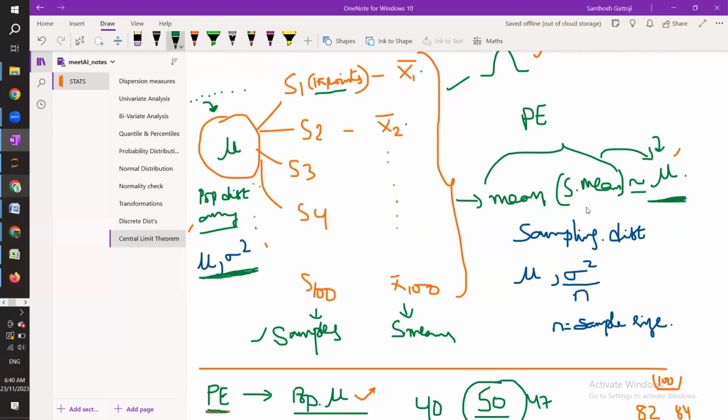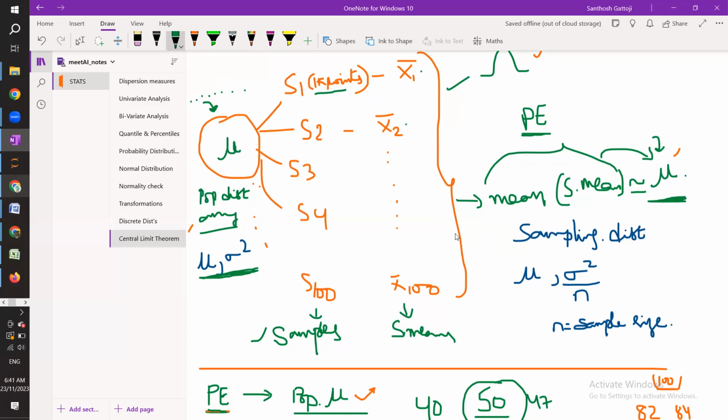That means this is acting like a point estimate. In the place of the population parameter mu, we would like to use the sample parameter because these are almost equal. That is the reason we can say the mean of the sample mean is acting as a point estimate of the population mean, which is mu.